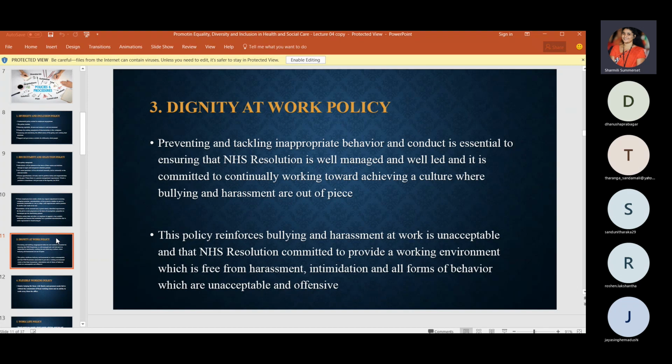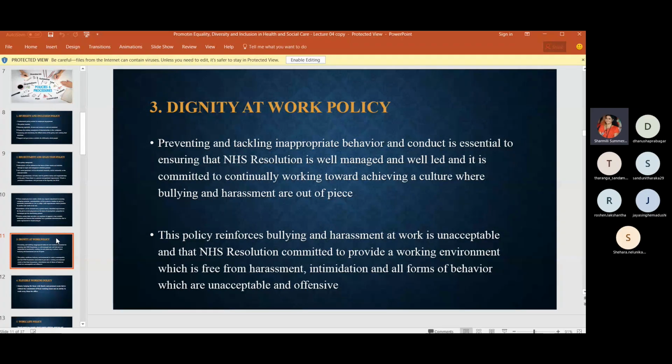So the working environment should be very peaceful, calm, and very pleasant for each and every employee. Then only they can work freely without having any depression, tension or stress. If the employees work in a good manner, they can achieve a particular goal.